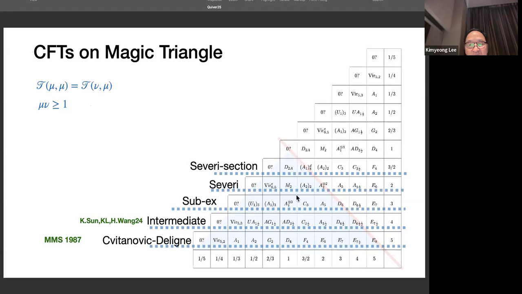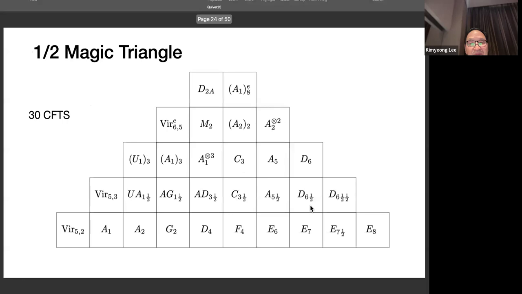So I can make bigger ones, and then I make a small one, then together I have a big triangle, then F4 is made of A1 times C3, and so on. So we have a very nice quotient relation between series, which wasn't known before.